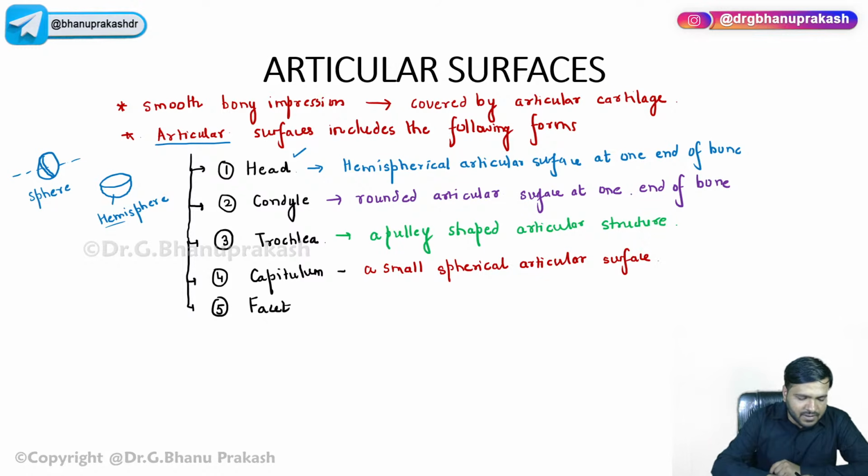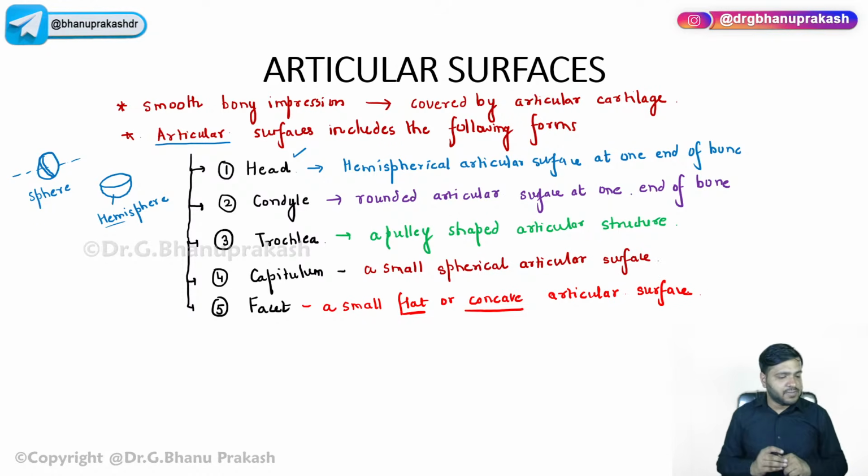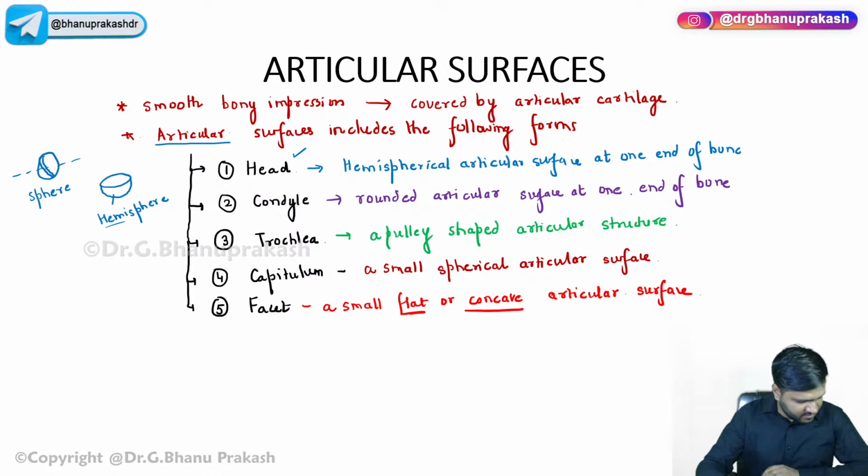Now, what is a facet? A facet is basically a small, flat or concave articular surface. It may be flat, or it may be concave.